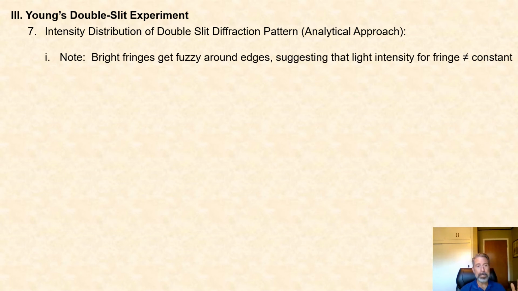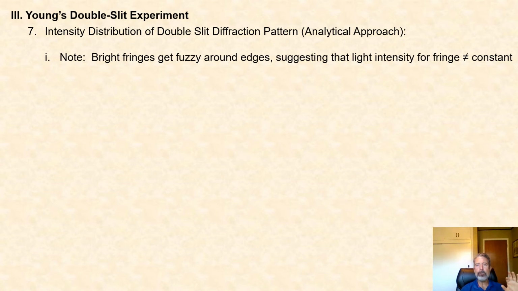What are we trying to do here? Note that the bright fringes get fuzzy around the edges, suggesting that the light intensity for a given fringe is not constant. If you look at the brightness of the fringes in the Young's double slit interference pattern, they are equally bright. In other words, the first order fringe is as bright as a second order fringe.